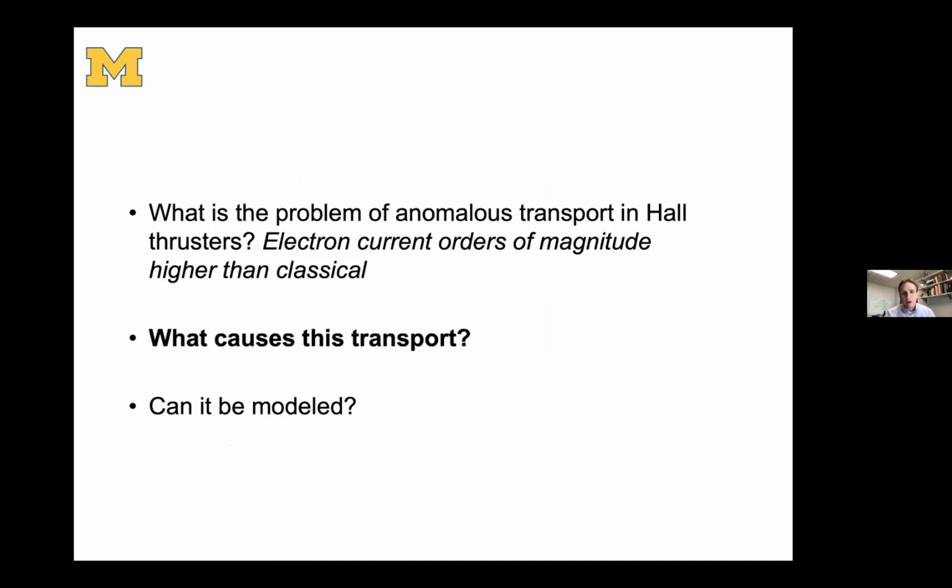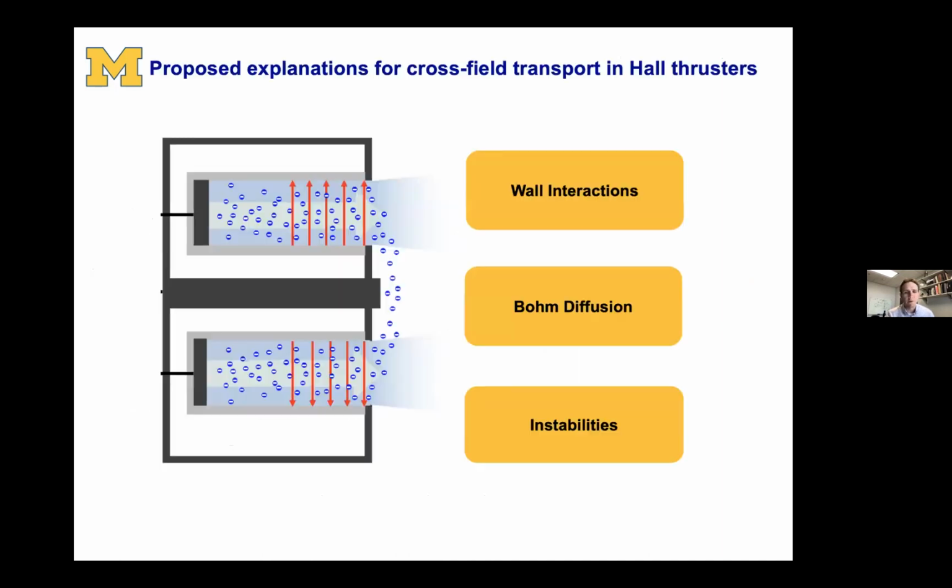With that question in mind, and in the context of developing a physics-based understanding and, from a more applied perspective, a modeling and simulation tool that can be applied predictively to Hall thrusters, the next question is what effectively causes this anomalous transport? I won't go into the details of each of these hypotheses, but broadly speaking, over the past 50 or 60 years of Hall effect research, these have been the leading contenders. One is that electrons pick up enhanced cross-field transport through collisions with the walls.